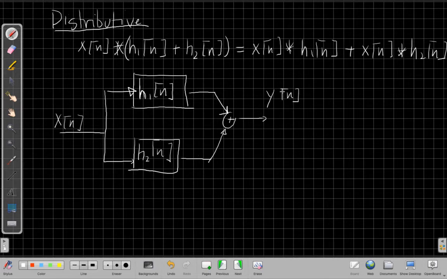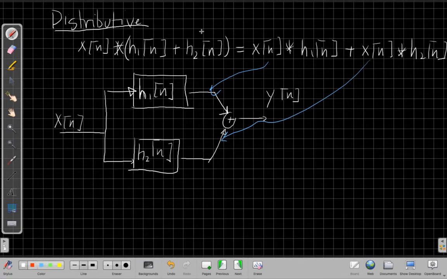Turning that into systems, the second equation is the system below. The top branch is x convolved with h1, the bottom branch is x convolved with h2, and then I'm adding them together.